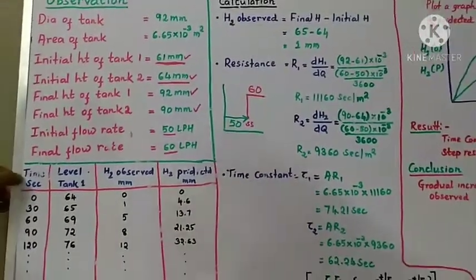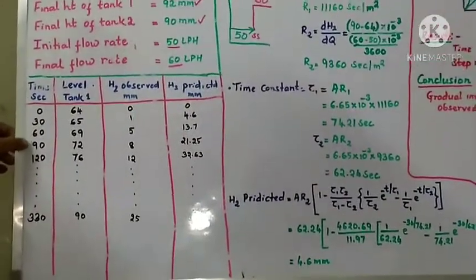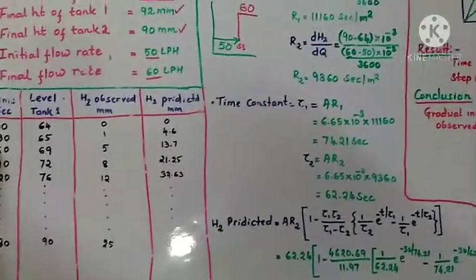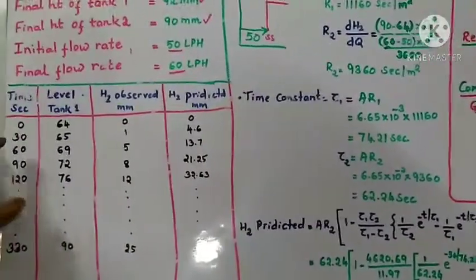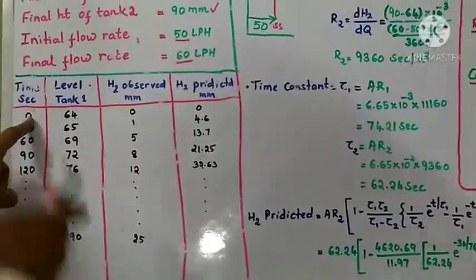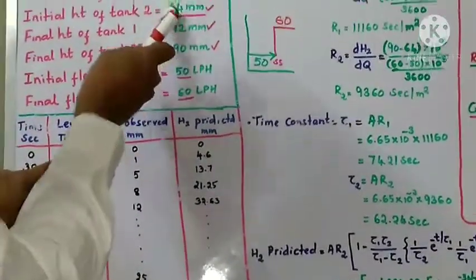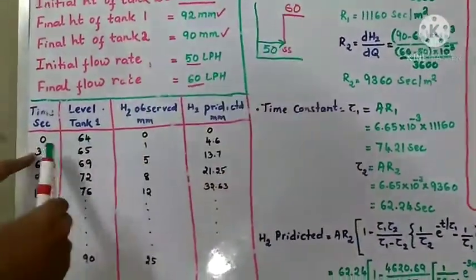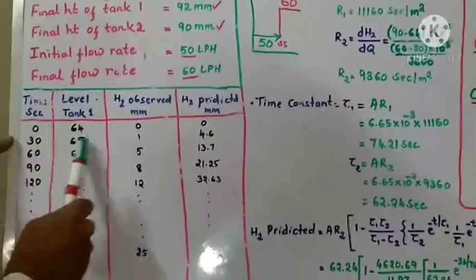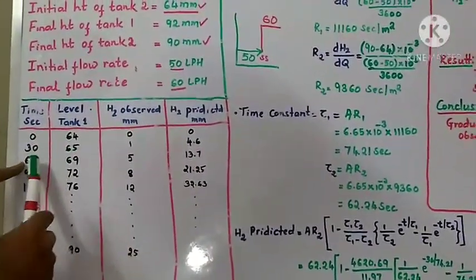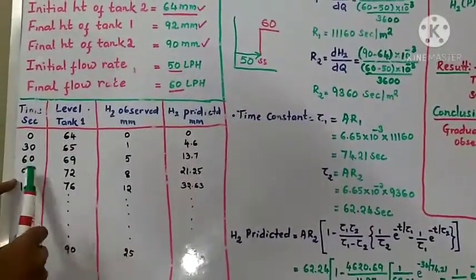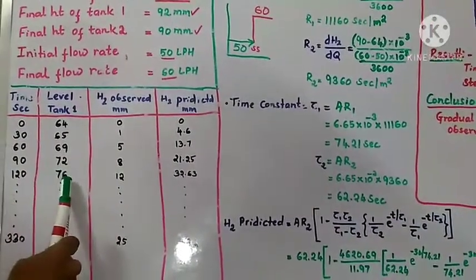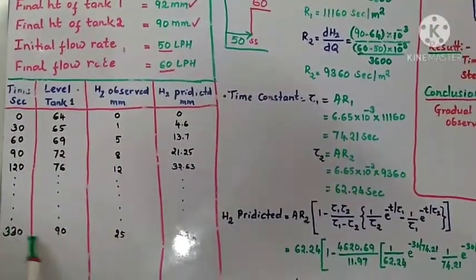Here we have time in seconds: 0, 30, 60, 90. Means you can even take a reading at 20, 40, 60, as it is required. At 0, you can see the initial level of the tank is 64, and as you start the flow rate, with respect to time, the height will increase. At 60 the corresponding height is 69, at 90 it is 72, at 120 the corresponding value will be 76, and so on.